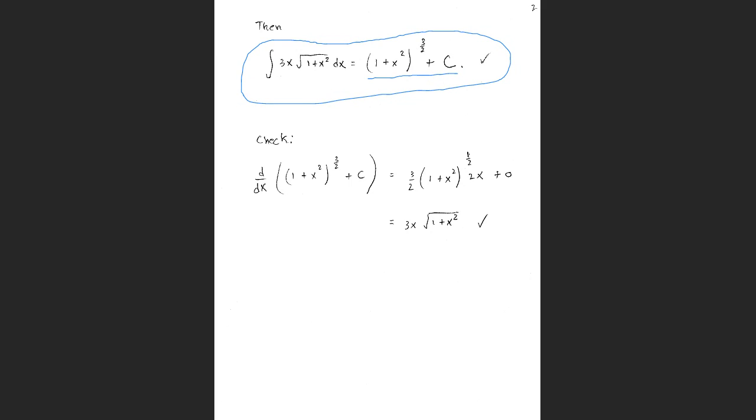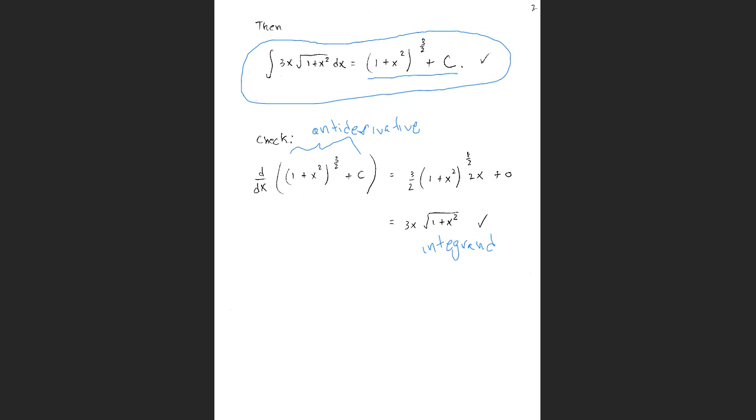I'm saying for the answer written at the bottom, how we check the math. Well, for the check, good question, the derivative of my antiderivative leaves me with my integrand.